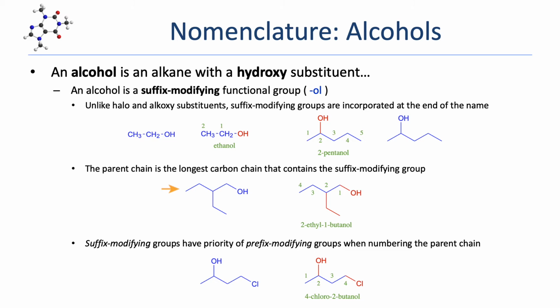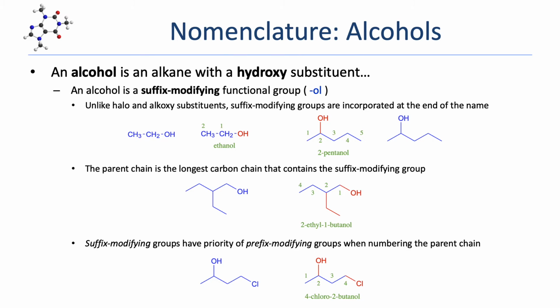Notice that none of those 5 carbons actually are connected to the OH. So when you have a suffix modifying group, that's not going to be the case. The longest carbon chain that actually is attached to the OH is the parent chain. And that means that the parent chain here is actually going to be 4 carbons, the 4 carbons going left to right. So it's actually shorter than the total longest chain.